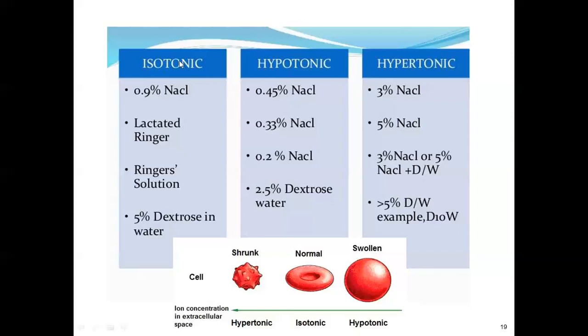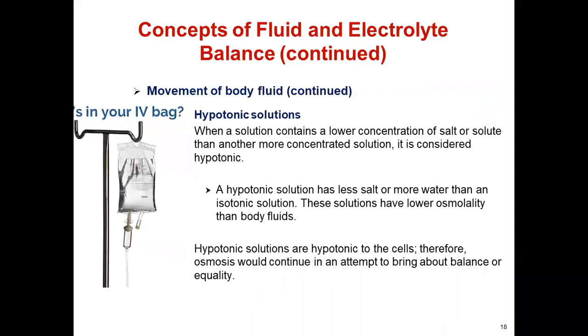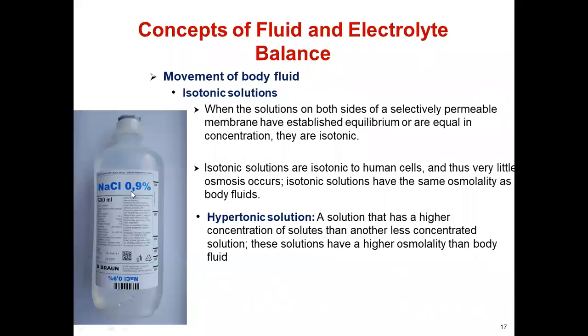As I told you, tonicity is the concentration of the solution, or the number of dissolved particles in an IV solution, like in this picture. And keep in mind, tonicity is always compared to intracellular fluid.